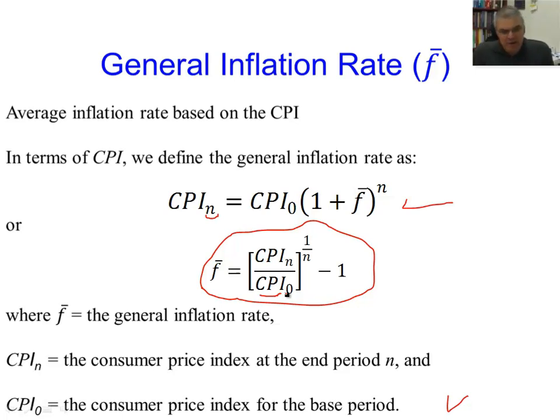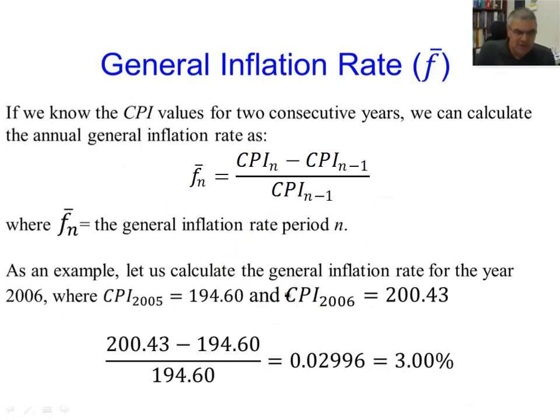So F bar is the general inflation rate, CPI sub n, I just mentioned, at the end of the period. So if we know the consumer price index values for 2 consecutive years, we can calculate the annual general inflation rate as F sub n bar, or F bar sub n.